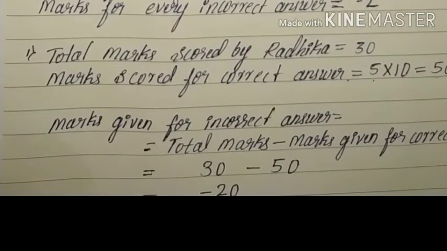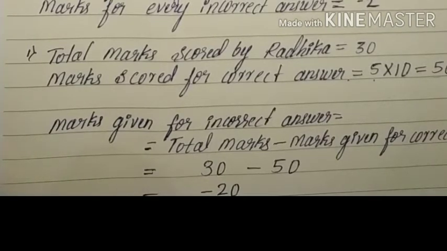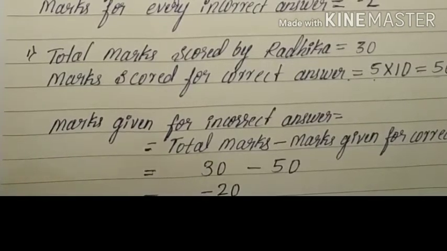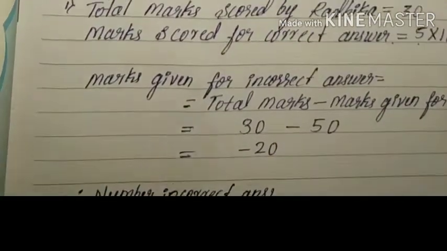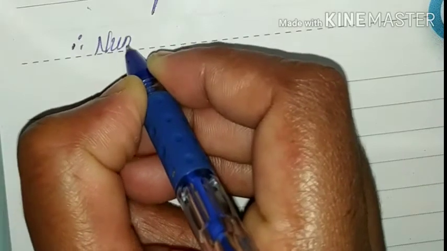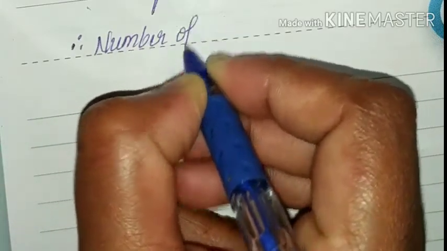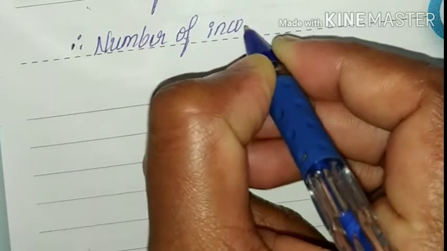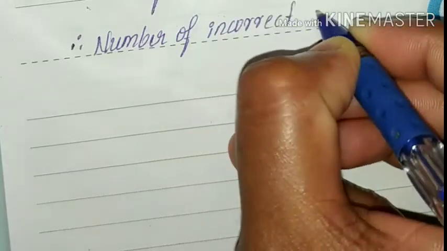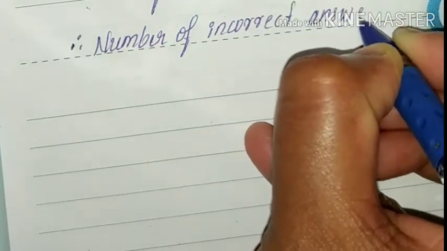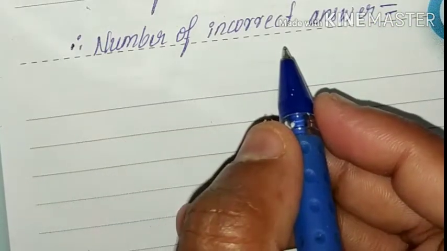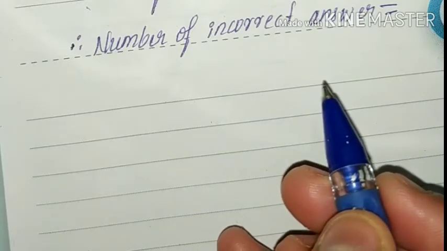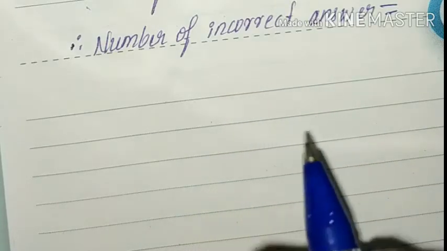Therefore, the number of incorrect answers we have to find, right? How will we get the number of incorrect answers? Total marks for incorrect answers divided by marks for every incorrect answer, right?